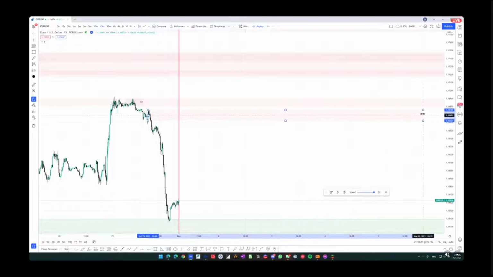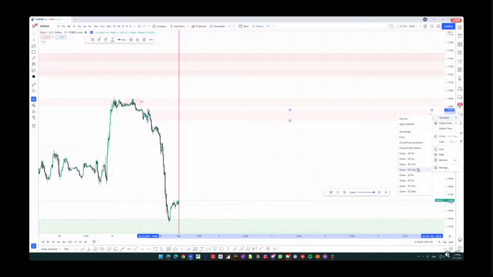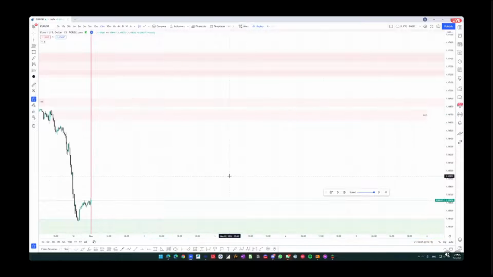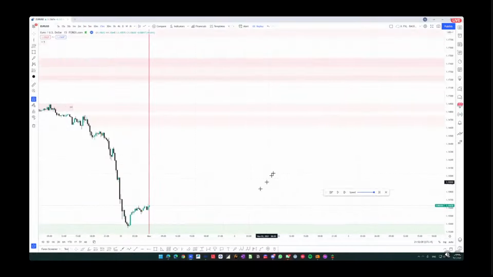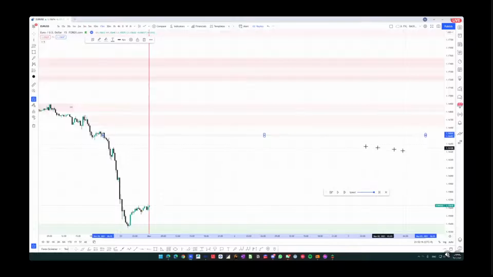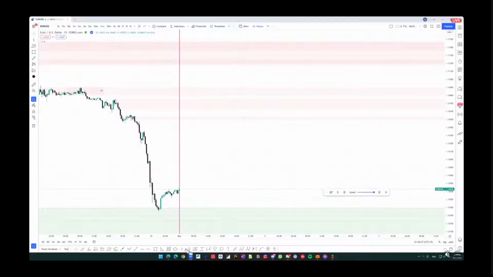Maybe it should be somewhere over here. We have recent. Buy to sell.